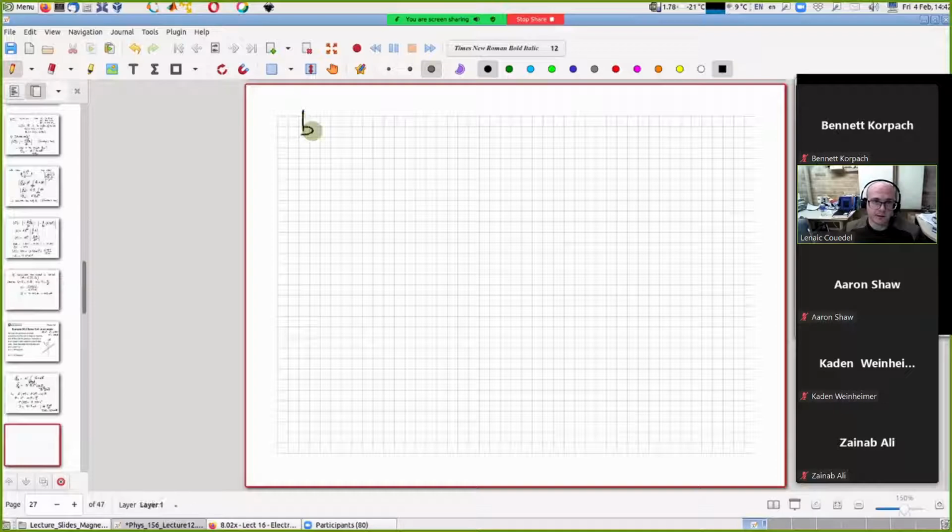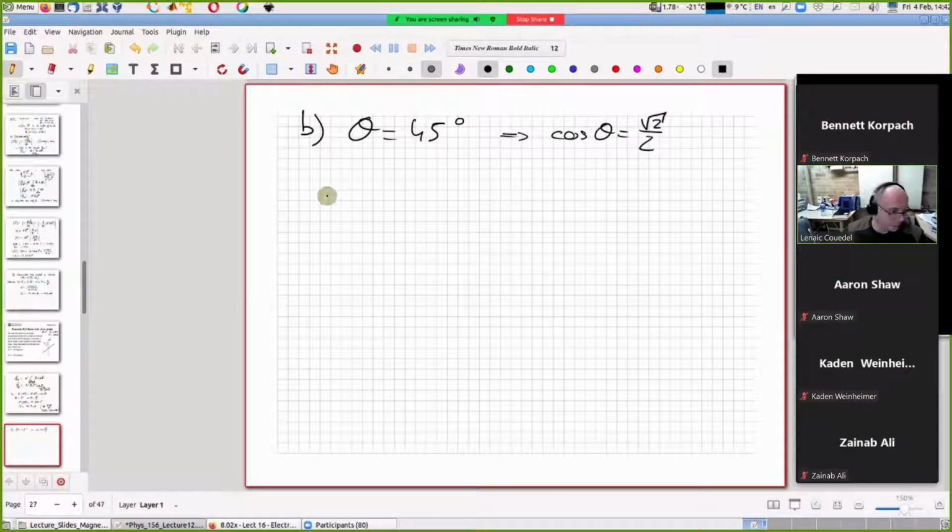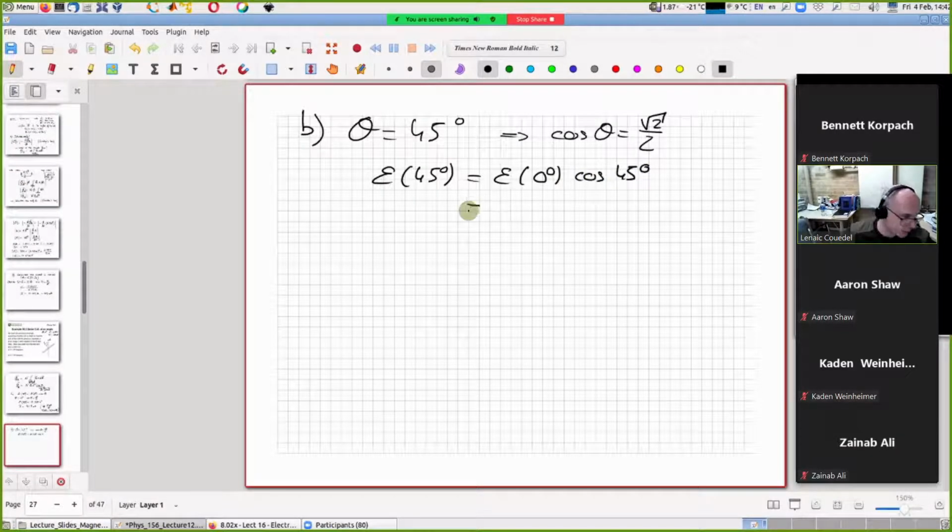Now theta equal 45 degrees. It's the exact same technique. Cosine theta then is square root 2 over 2. So you will obtain epsilon of 45 degrees equal epsilon of 0 degrees times cosine 45 degrees. And this will be equal to 0.464 volts.